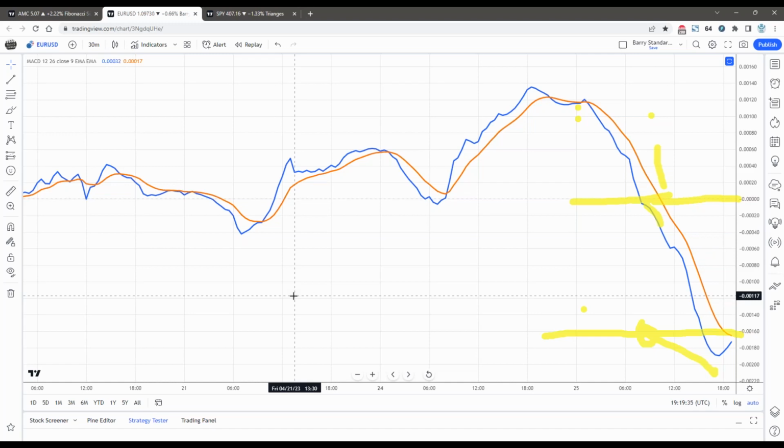Now, the rule of thumb when trading MACD is that when the trigger line crosses the MACD line, if it crosses and goes below, it's a sell signal. If it crosses and goes above, it's a buy signal. So in other words, whenever the blue line crosses the gold line, it's alerting you to something.